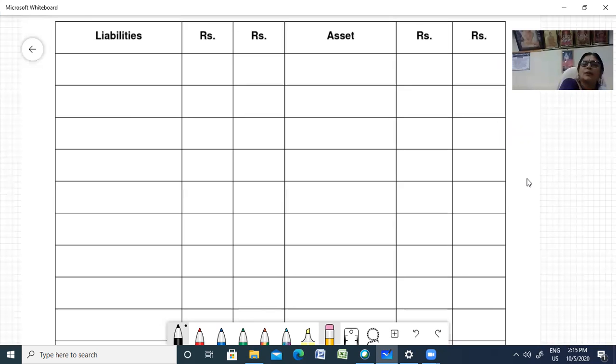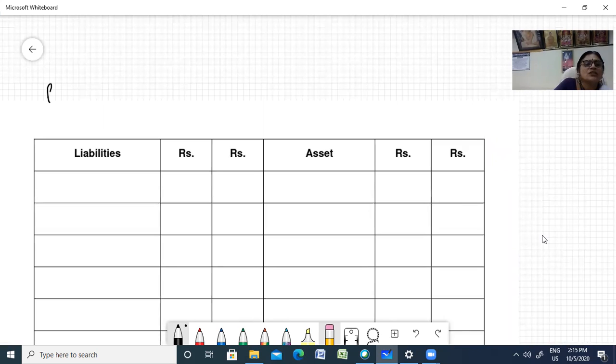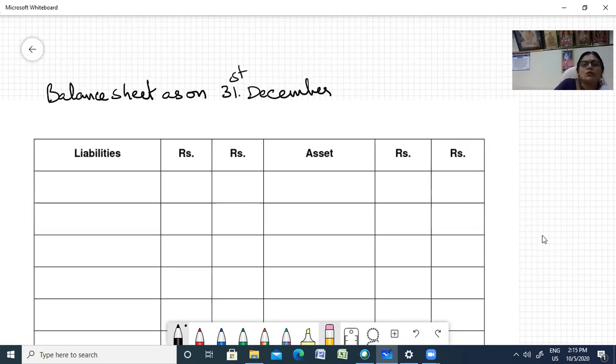Balance sheet as on 31st December 2018. Okay. Now you have your liabilities and your assets. As we are going through the problem, we have marked and kept what are the items that should come to our balance sheet.